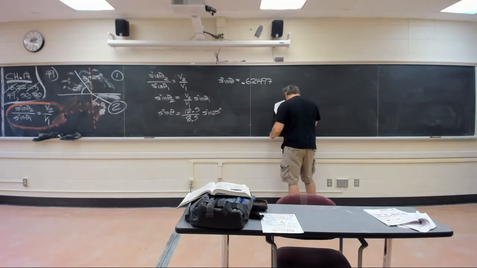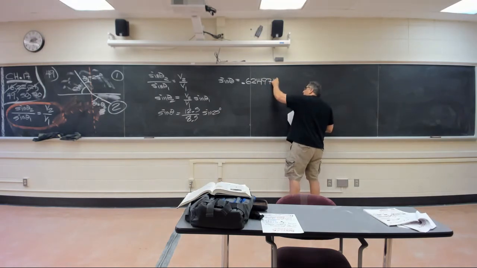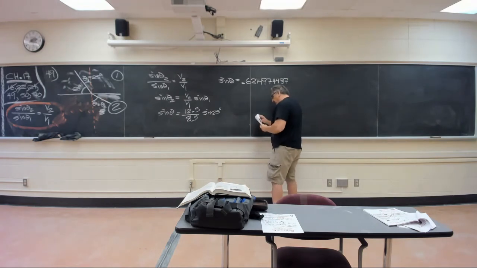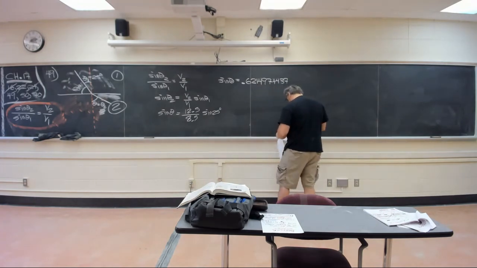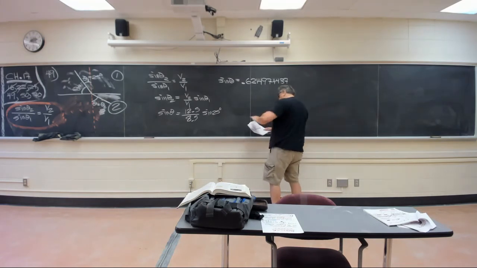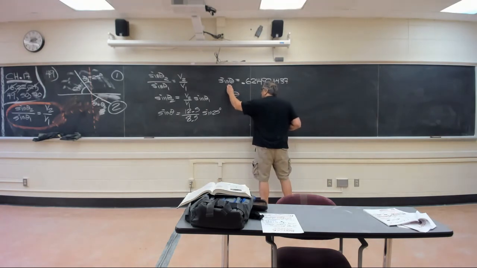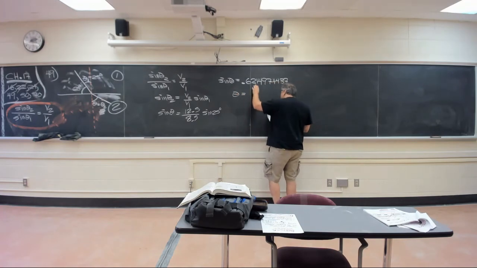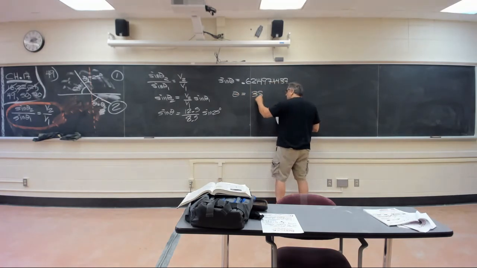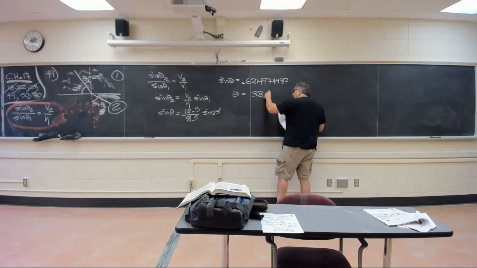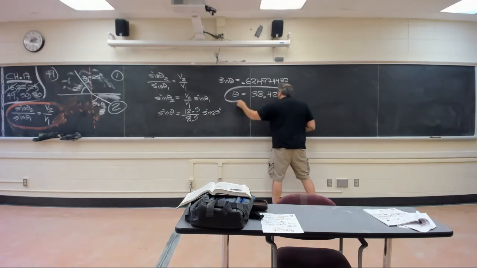This is probably thoroughly overkill, but if you really want to, get the inverse sine of both sides. The inverse sine of sine theta is theta. The inverse sine of this mess is going to be 38.426 degrees.